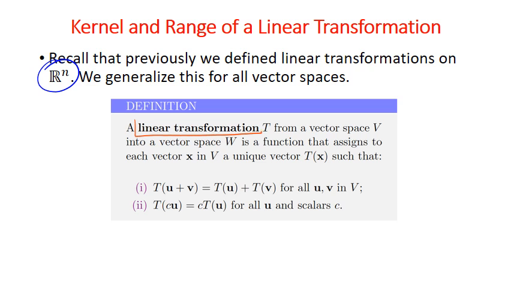So a linear transformation T from a vector space V into a vector space W is a function that assigns each vector a unique vector such that these things occur. Nothing crazy. Again, it's the same stuff we've seen, just different terminology.